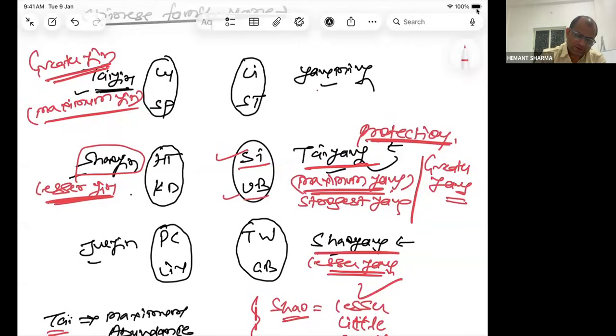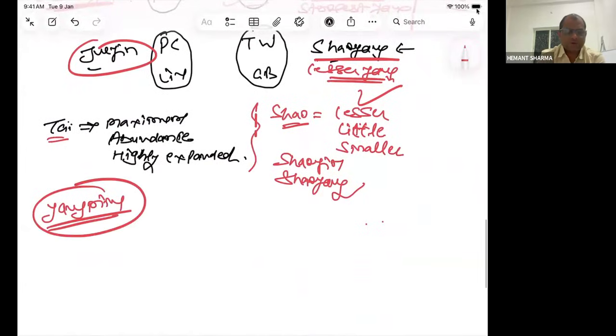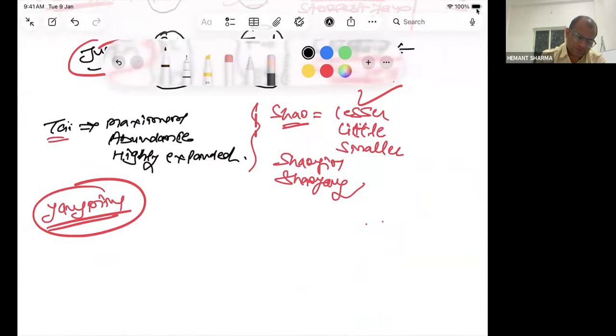Then finally, we have to see Yang Ming and Zu yin. Yang Ming. In the Chinese text, the meaning of Yang Ming is given as a bright light.